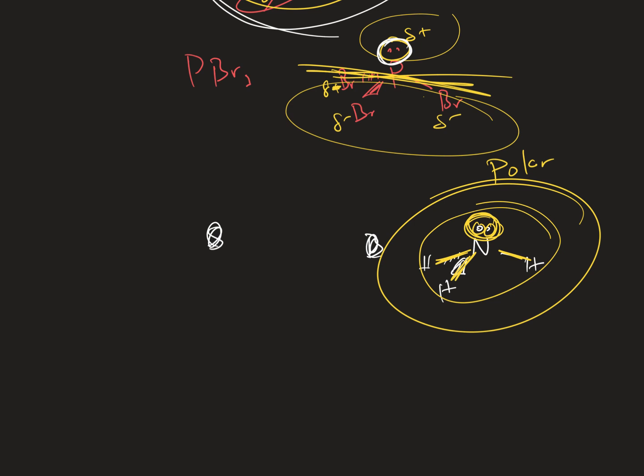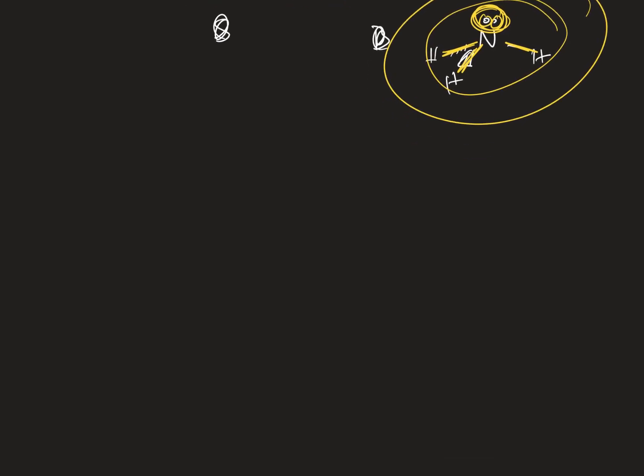Question 22, ranking molecules from least to most polar. So if we have water, CH2Cl2, and CH4, we want to rank these from least to most polar.